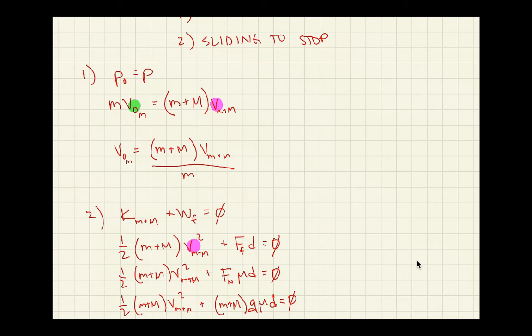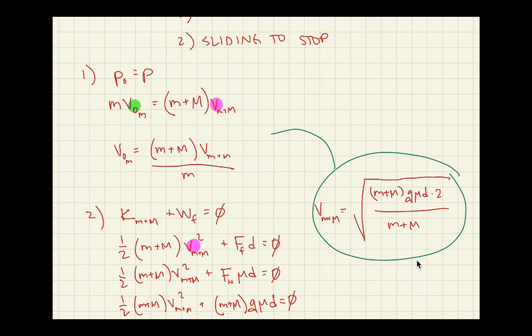So I would get that final velocity of m plus M is equal to the square root of m plus big M times g times mu times d times 2, all over m plus big M. Now that I have that value, I can take it and substitute this back in here, and solve for v naught.